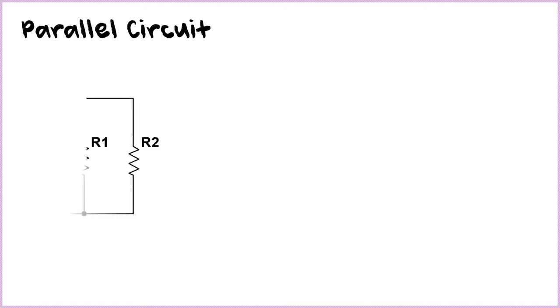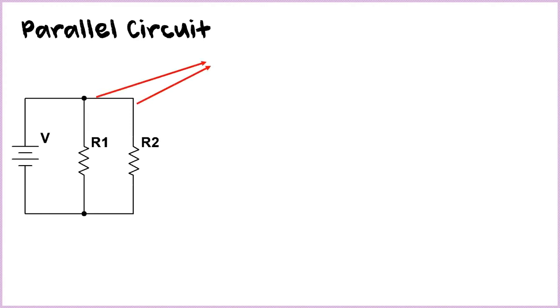So our next circuit would be the parallel circuit. So we draw again a circuit, but with a different layout. As you notice, one terminal of R1 and one terminal of R2 and also one terminal of the voltage source, or the positive side of the voltage source, are connected together.